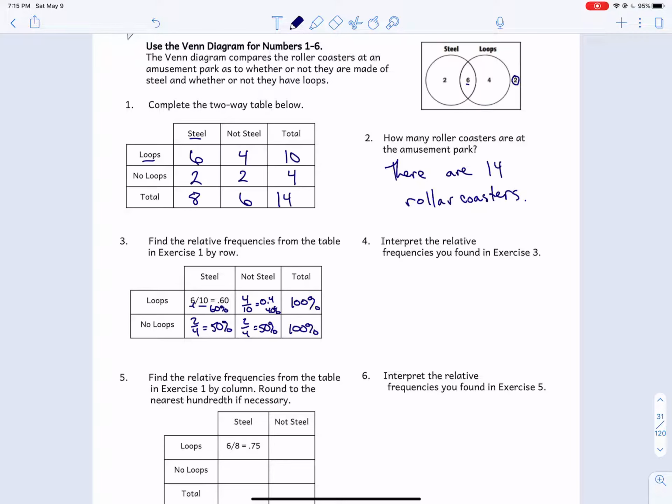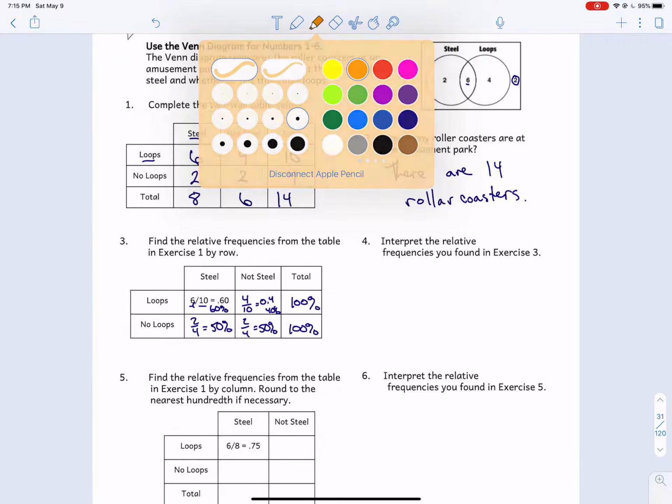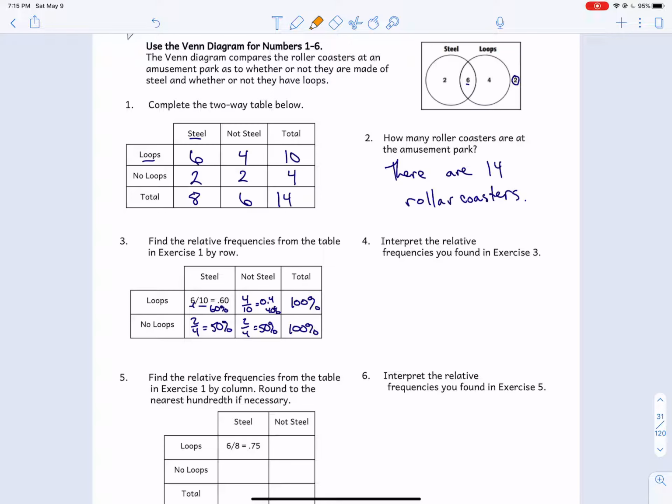Okay, so it says interpret. So what does that mean? So basically just write a statement about these two relative frequencies. So I would say just choose 2. Let's just highlight the ones that we're going to use. Let's use the one that they gave us, and then let's use this one. So I'm going to do 2 different statements. So the first one, this is where the wording is very important. So we're going to talk about loops first, and then of those, we're going to talk about steel.